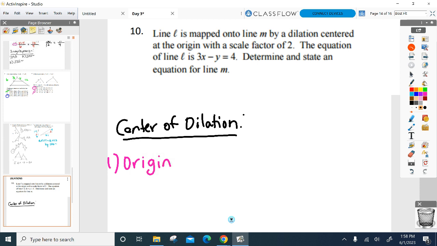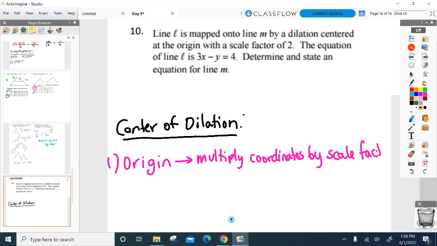If the center of dilation is the origin, you can multiply coordinates by whatever the scale factor is. So if the scale factor is 3, I can multiply every coordinate by 3, and there are my new coordinates. But that is only if it's around the origin.